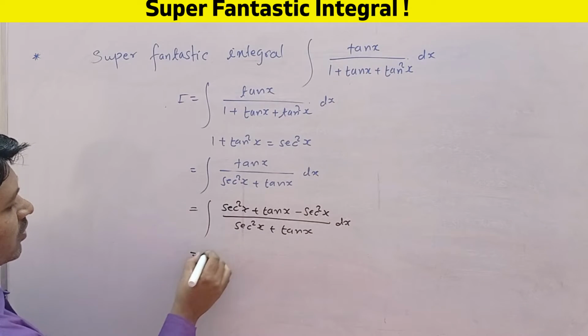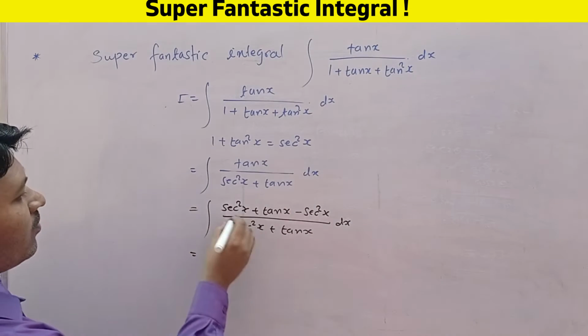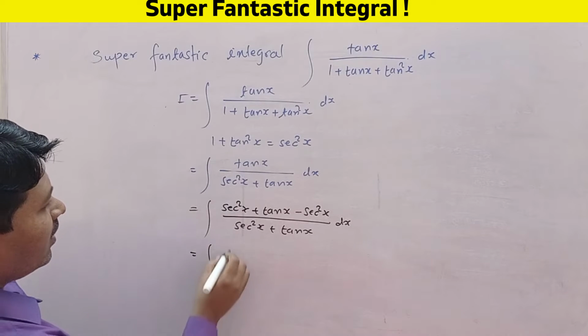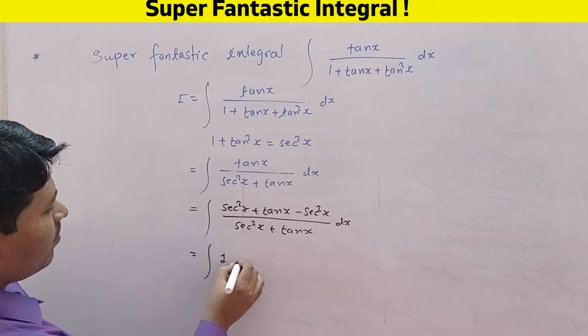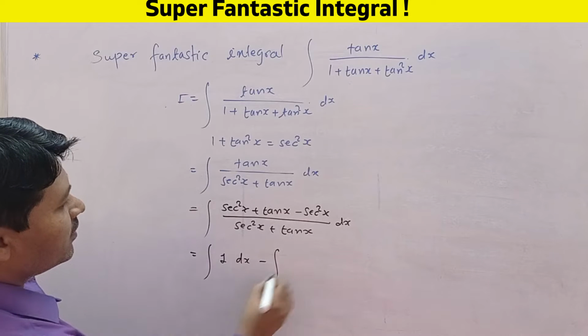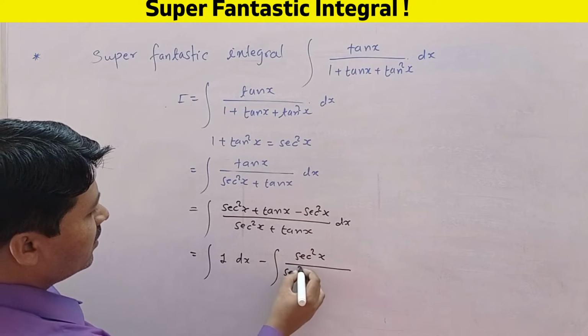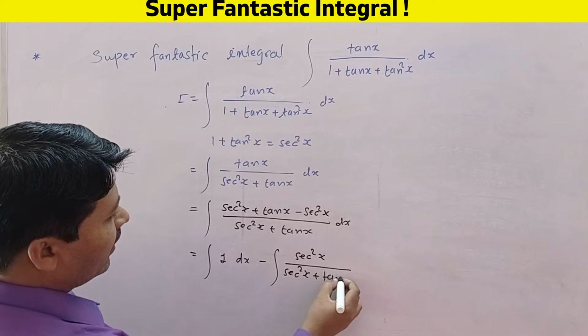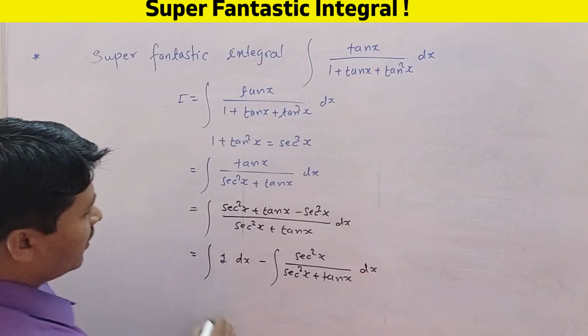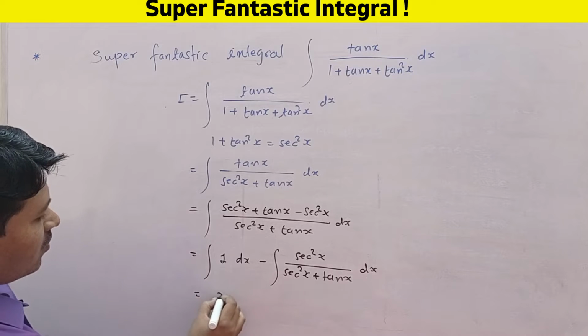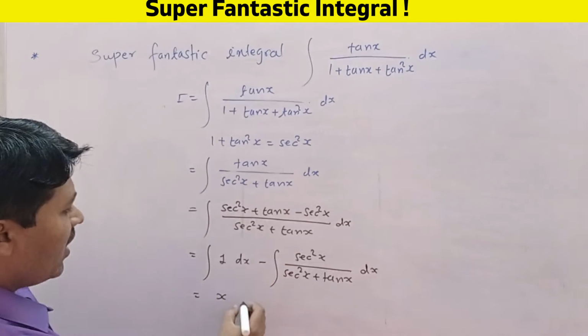Now we can separate the integration, and this term gets cancelled, and we only get the integration of 1 dx minus the integration of sec square x divided by sec square x plus tan x dx. So the integration of 1 is x, minus this term.